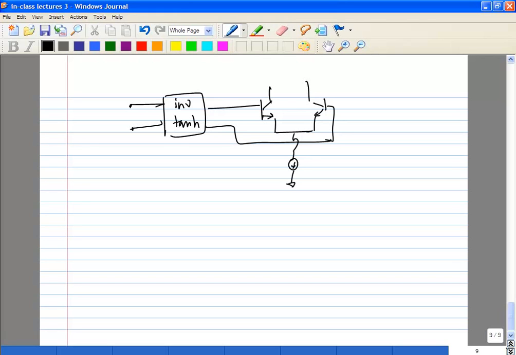So you can create an inverse tan hyperbolic at the gate. If you do that, you'll get a very linear characteristic, let's say for input current to output current. Okay, so we know this is the tanh.